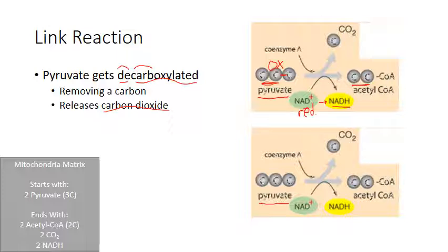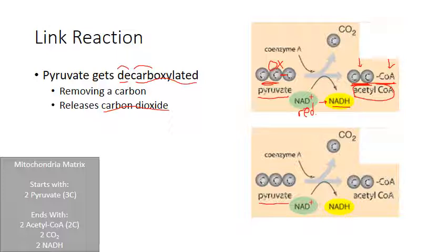But to enter the Krebs cycle, they need a little chaperone, and that chaperone is called coenzyme A. So in addition to this 2-carbon compound, we are going to attach coenzyme A, and that is how we're getting this compound called acetyl-CoA. So acetyl-CoA is these 2 carbons left over from pyruvate plus the coenzyme A.